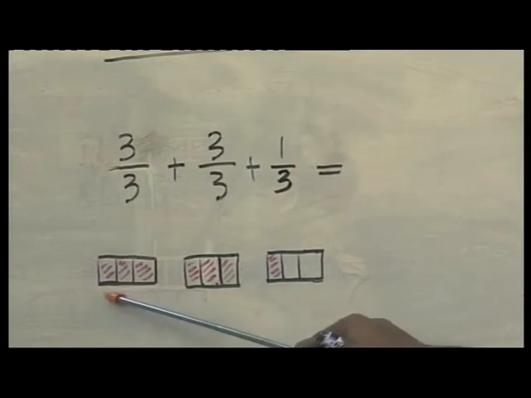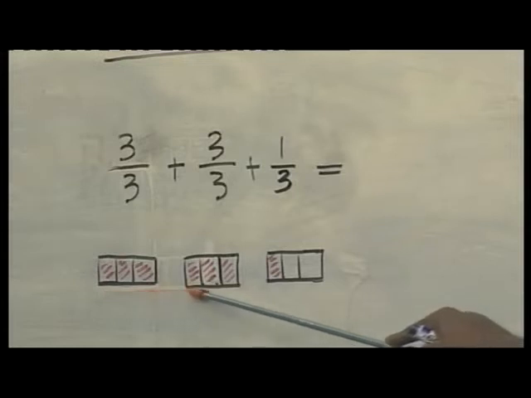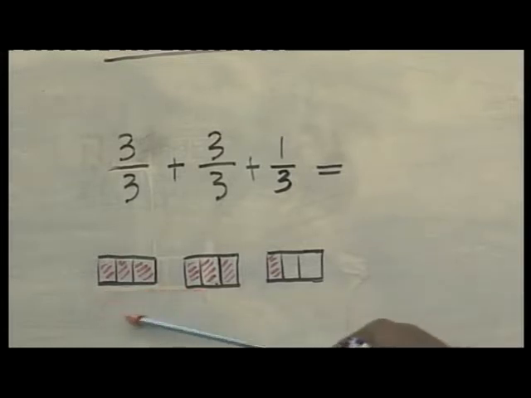How many parts are all shaded together in these 3 equal parts of the diagram? 7 parts have been shaded.